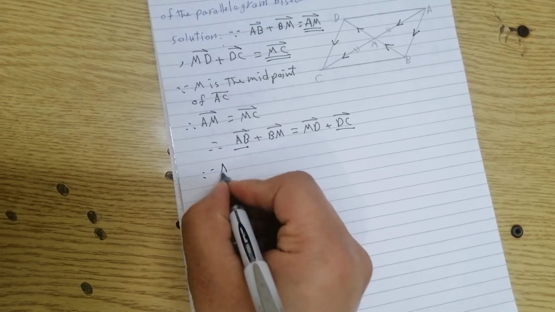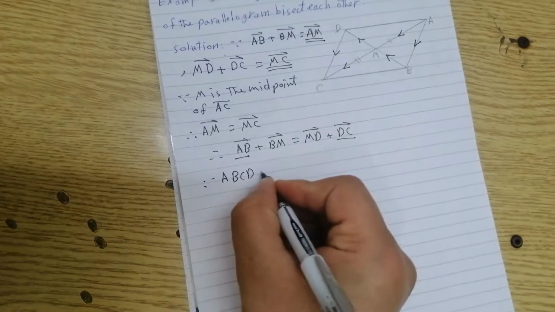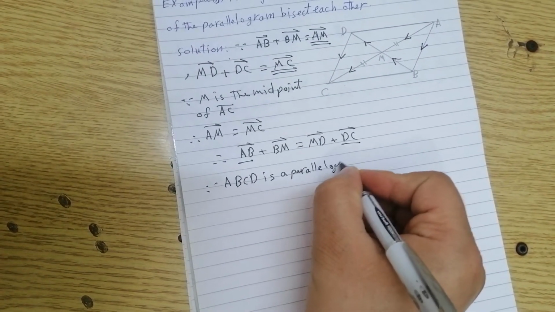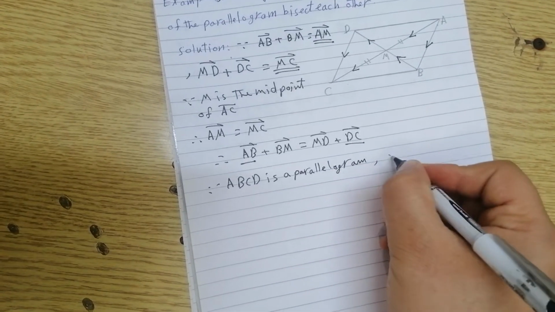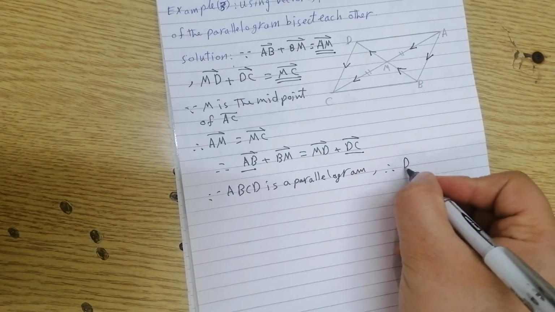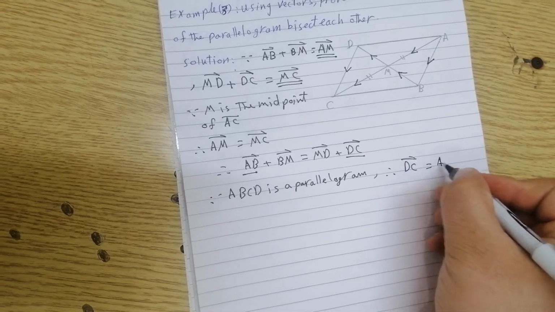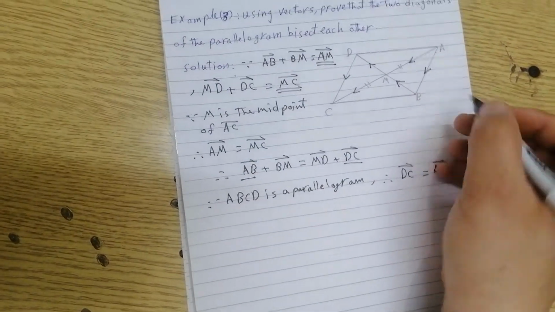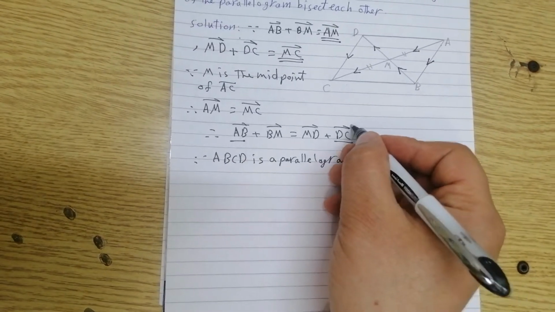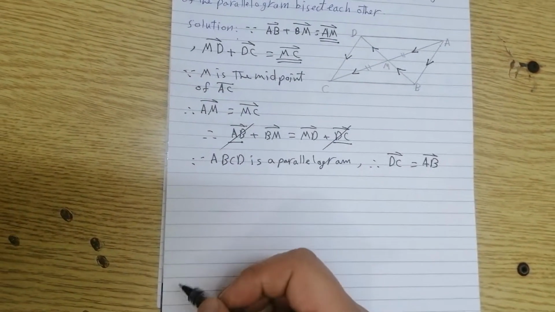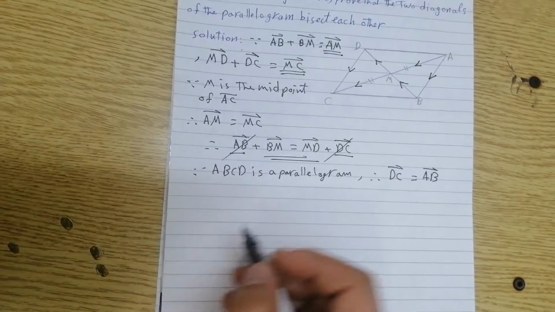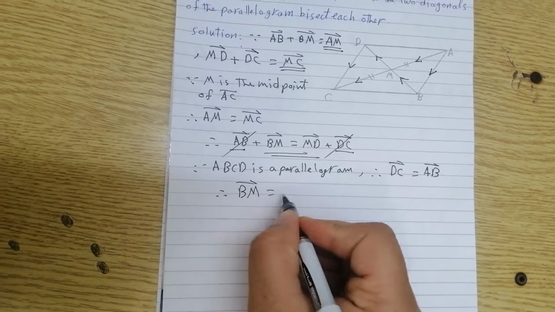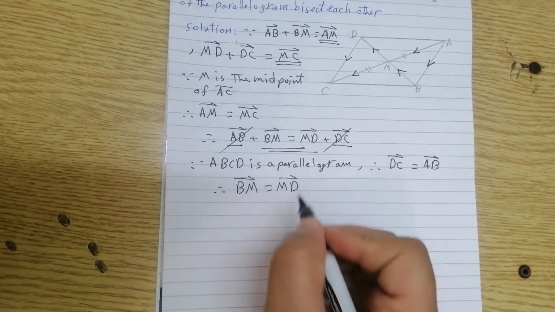Since ABCD is a parallelogram, then DC vector equals AB vector. So we can cancel it from here to here. Then what we find? We find that BM vector equals MD vector.